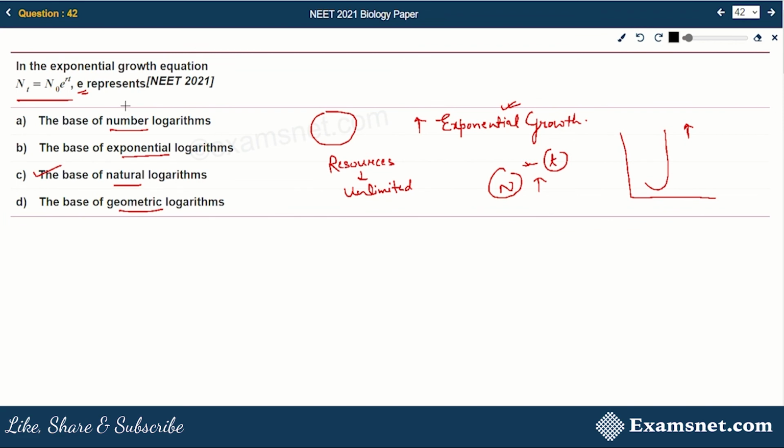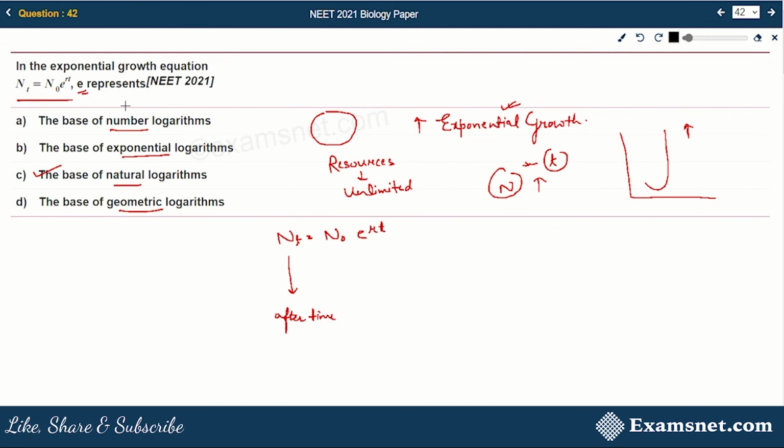And the integral form of this exponential growth can be expressed as Nt equals N naught e to the power rt, where Nt represents the number density or population density after time t.